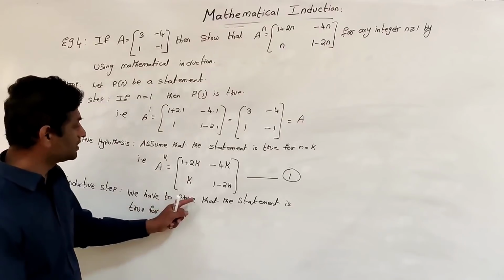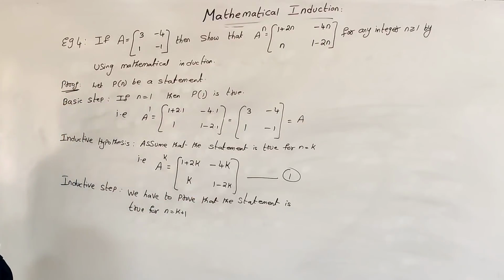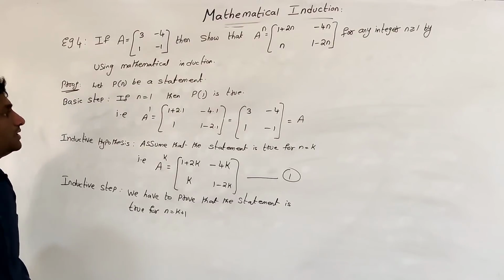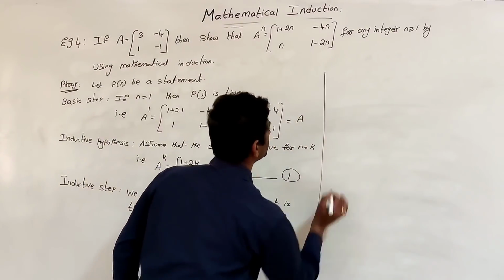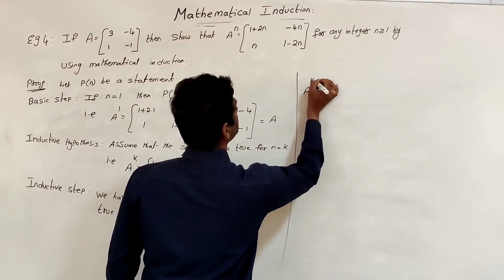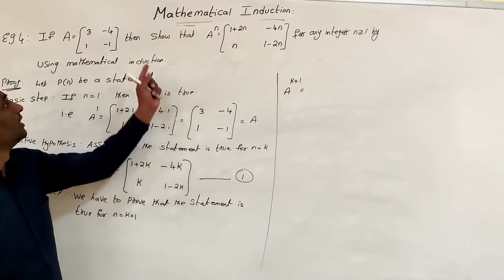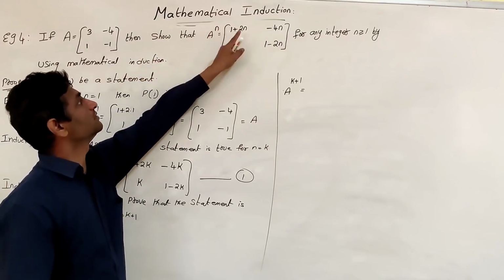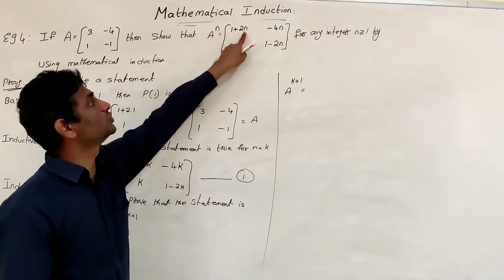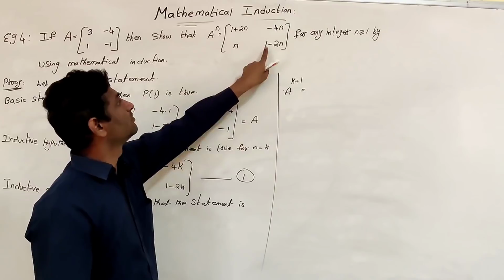We have to prove that the statement is true for n equal to k plus 1, that is, A to the power of k plus 1. What we have to show? See this, if it is n, here it is 1 plus 2n, minus 4n, n, 1 minus 2n.